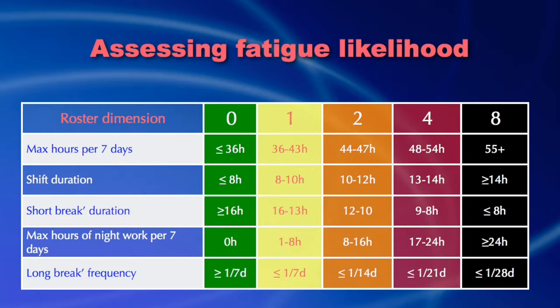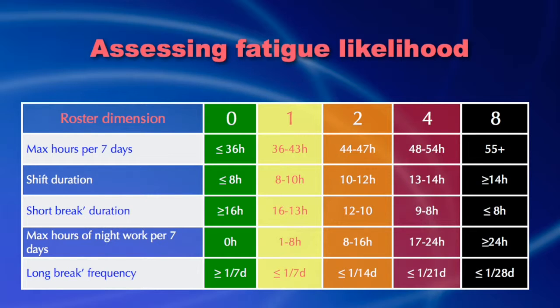If a value for a particular dimension falls in that value in the row associated with that dimension, you will add the number of points associated with that column to determine the level of risk.